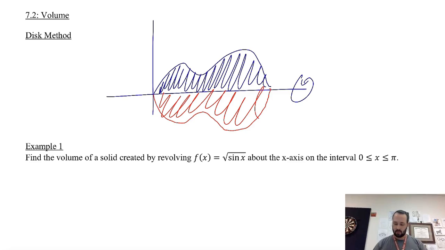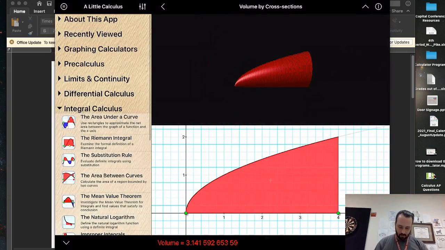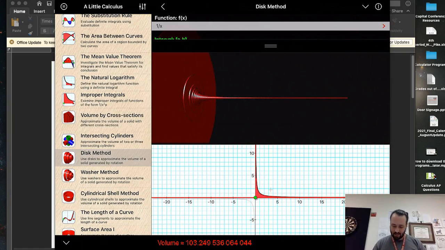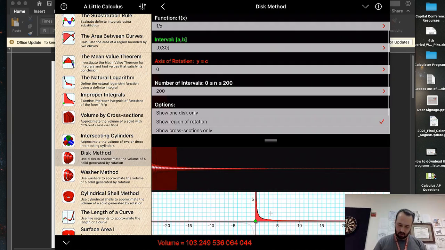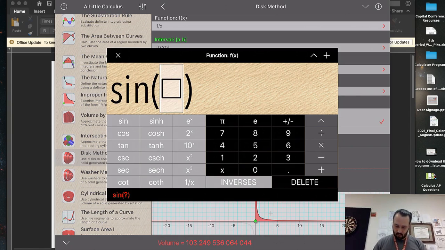So let me go to that app again, and we're going to do the disk method first. Let's see, what's a fun one? How about sine of x?